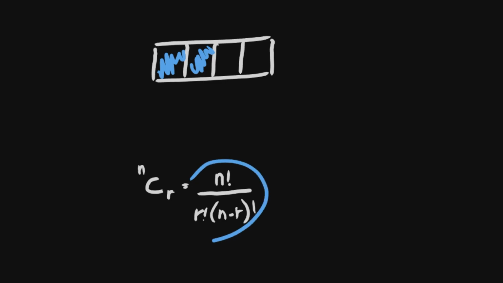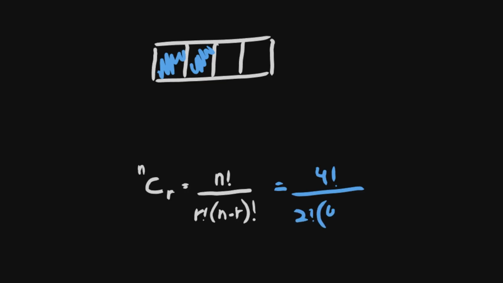So this would be 4 factorial divided by 2 factorial times 4 minus 2 factorial, and this is equal to 6. Let's see what this means here.